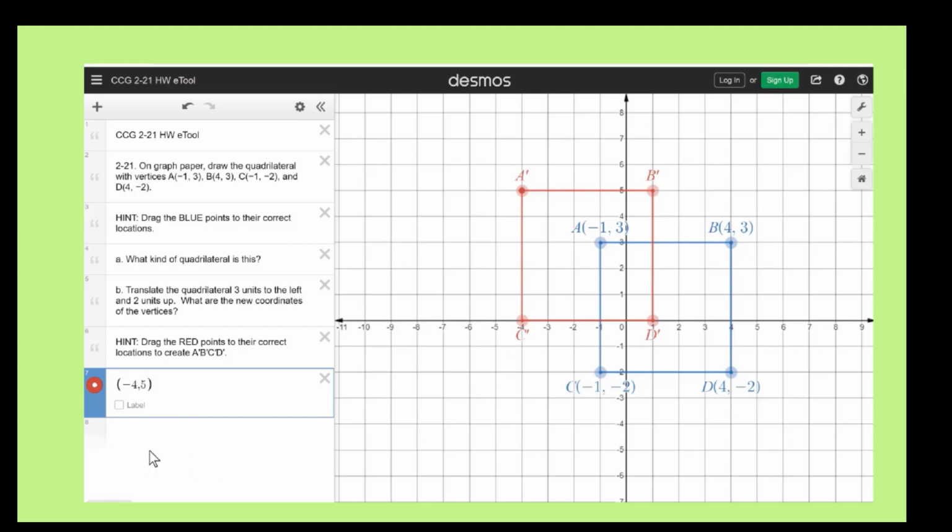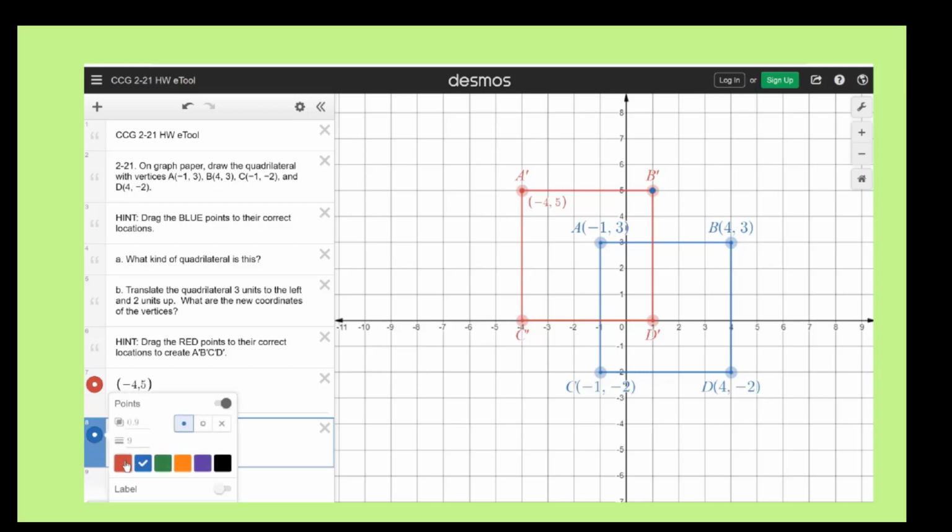If I can get my mouse over here working for me. All right, so there's A. Then let's do the next one, which is B prime, and that's going to be 1, 5. So 1, 5. Okay, and I'm going to change it to red just because all the others are red. So I'm kind of showing you some technology here while we're doing it. And again, I want to label it.